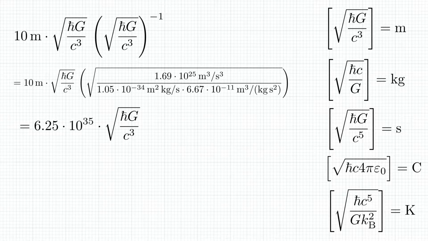Doing the calculations will cause the units to cancel out and the numerical value to change. What we are left with is our dimensionless number times this factor containing all the constants that are now set to 1, so the factor simply vanishes. What's left is our result in Planck units.